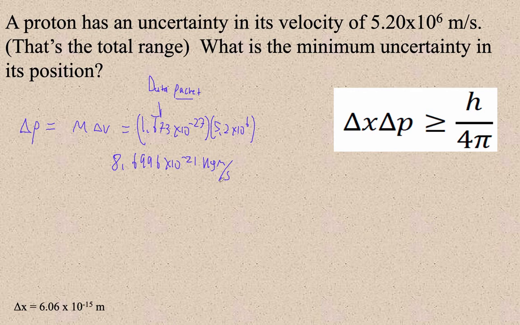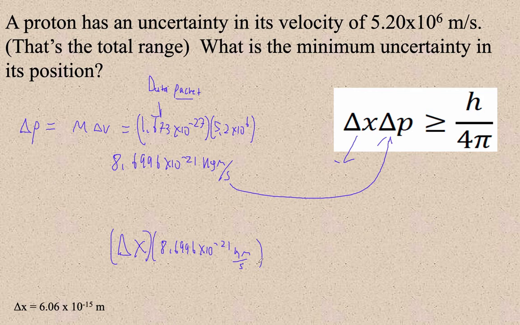All right, so now we're going to plug that in for this guy and then solve for the x, right? So uncertainty in position is equal to, so that times 8.6996 times 10 to the minus 21 kilogram meters per second equals Planck's constant over 4 pi.